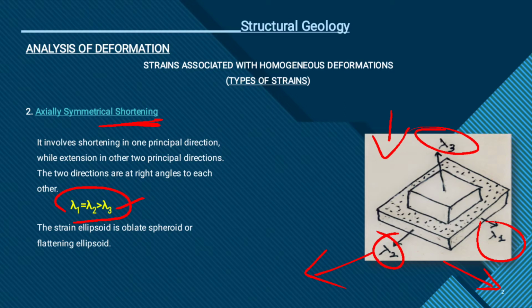Okay, and the strain ellipsoid is an oblate spheroid, known as pancake flattening.